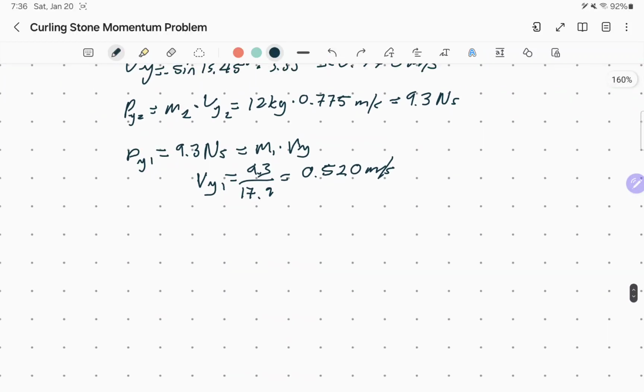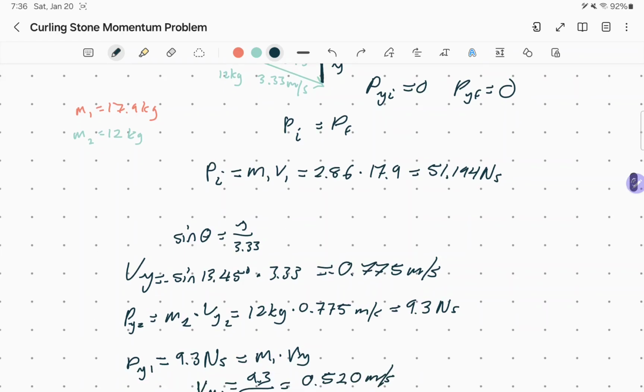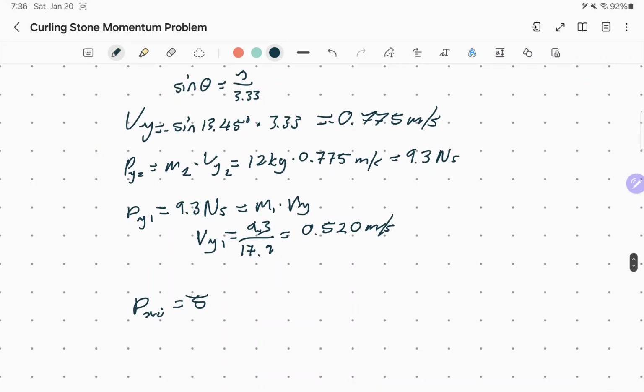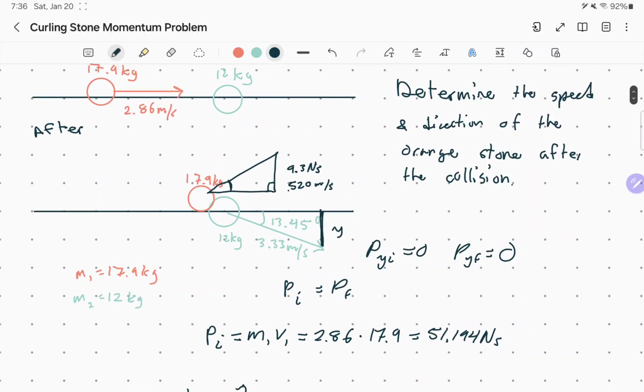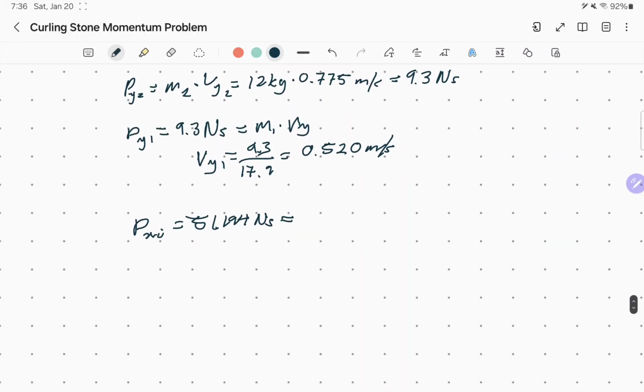So we know that the momentum in x before is equal to this 51.194 newton second value. So px initial is equal to 51.194 newton seconds, and it's going to be equal to these two combined. And we can actually find this second one first, and this will be pretty easy.